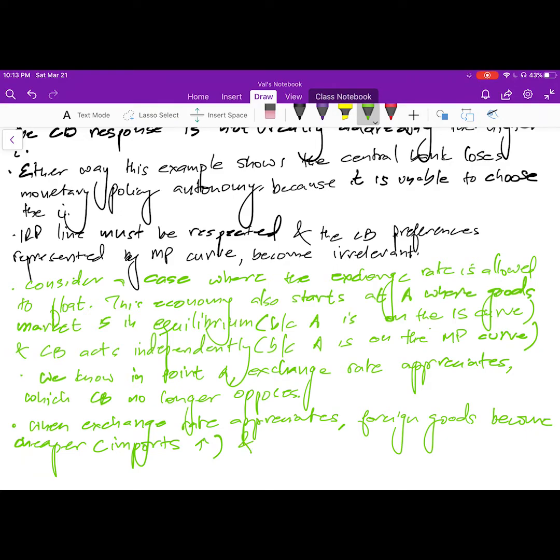And home goods for foreigners become more expensive, so exports decrease.